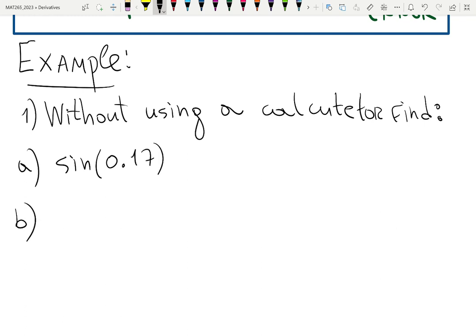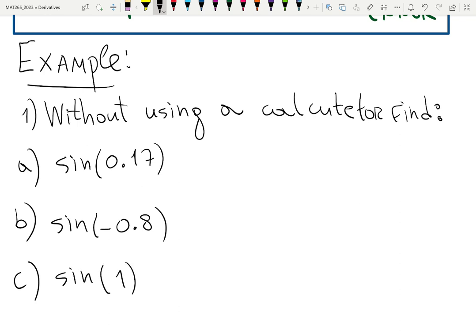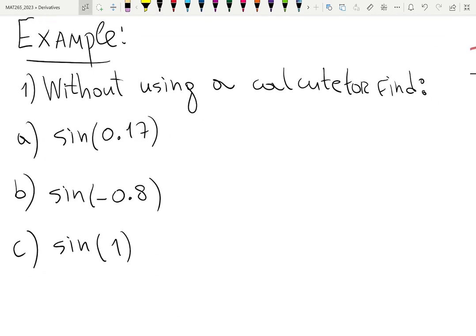B, what is sine of minus 0.8? C, what is sine of 1? Well, that is the idea. And in your homework, you also have square root of 37. Who cares? So it feels so fake in your homework. Why do they want you to find square root of 37 without using a calculator? What is the problem with these problems?